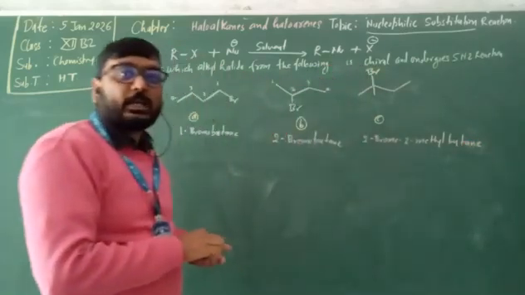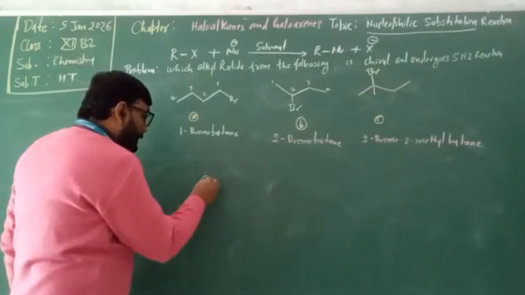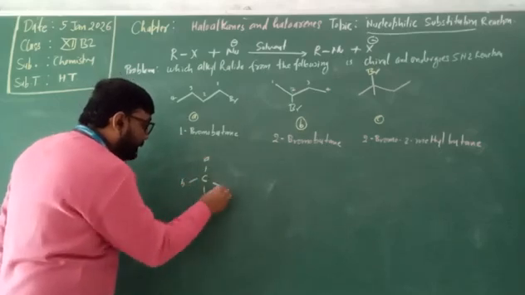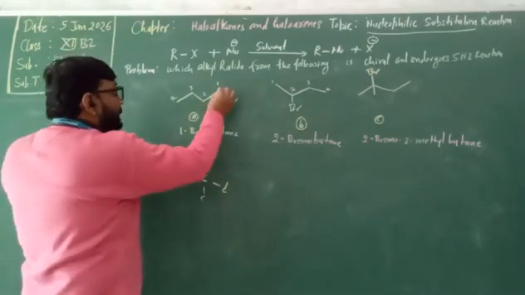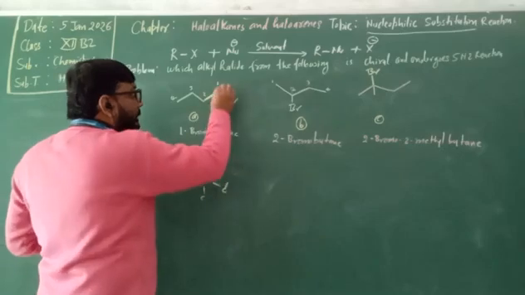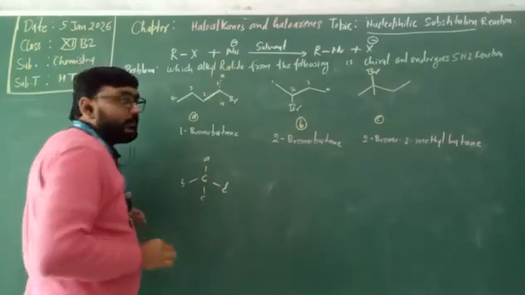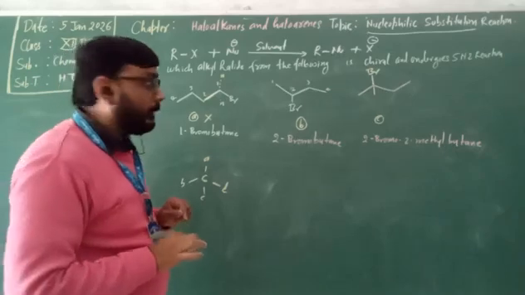Now, how will we check chirality? A chiral center means having four different groups, A, B, C, D. Look here, it has CH3 the same, and two hydrogens; two groups are the same, so it will not be chiral.